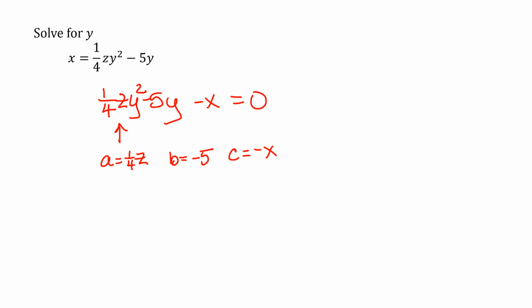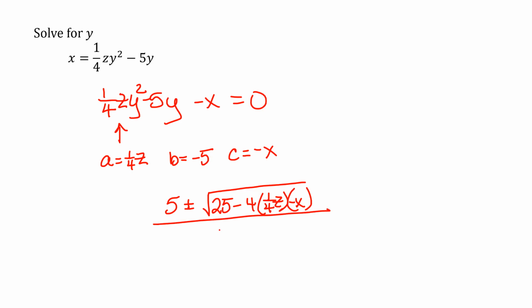So negative b, that's 5, plus or minus the square root of b squared, 25, minus 4a, which is 1/4 z, c, which is negative x, and that's all over 2a, so 2 times 1/4 z. And we can simplify this a little bit, but not a whole lot. 5 plus or minus the square root of 25.